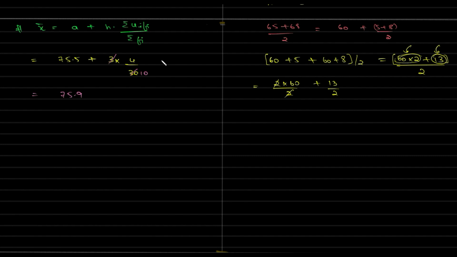Okay, so basically I skipped a step. 4 divided by 10 happens to be 0.4. So if I add 0.4 to this, I'll get this answer. So the final answer, the average heartbeat is 75.9.